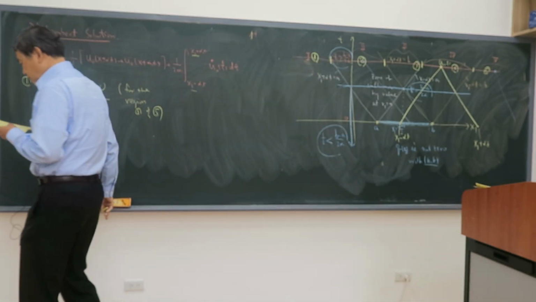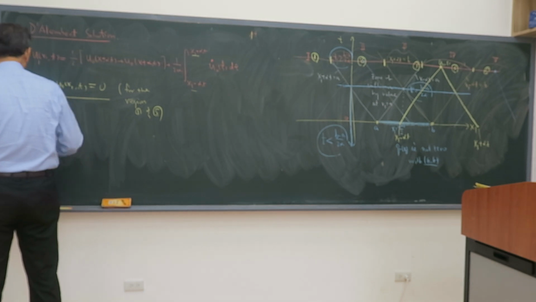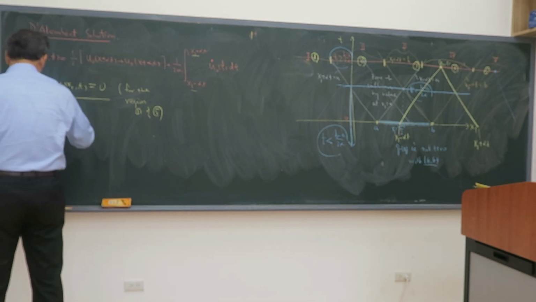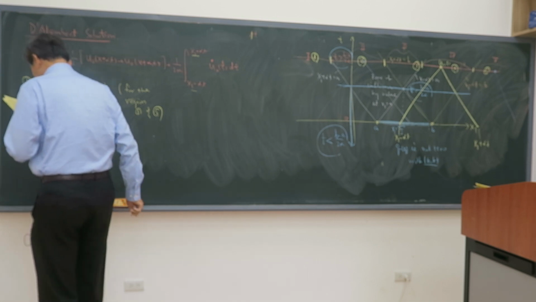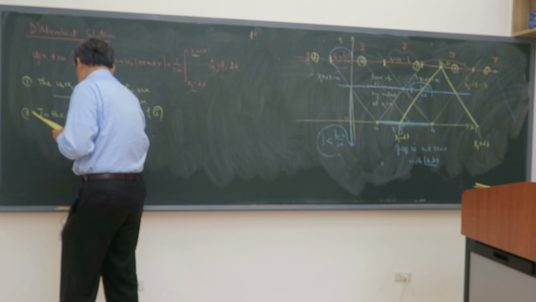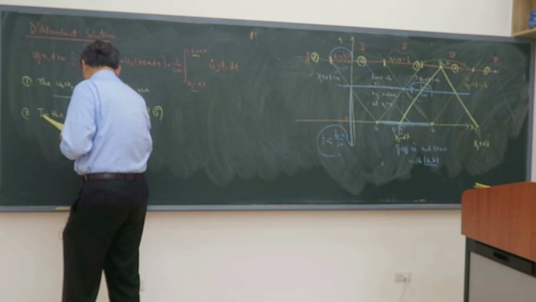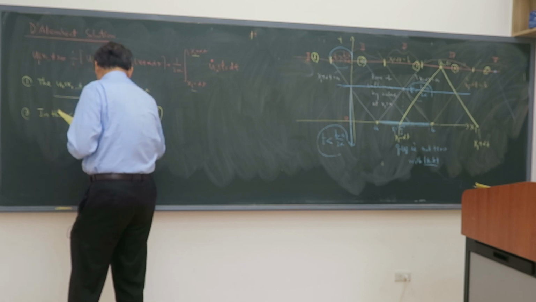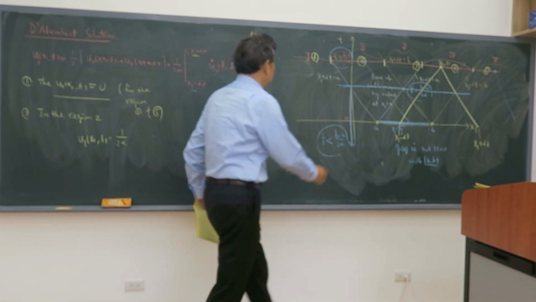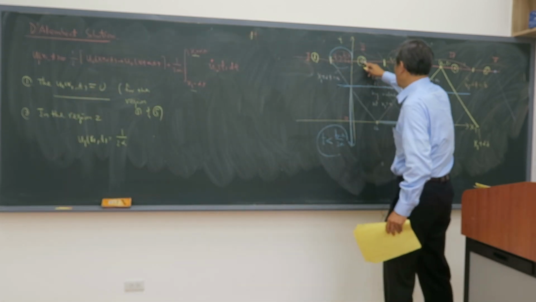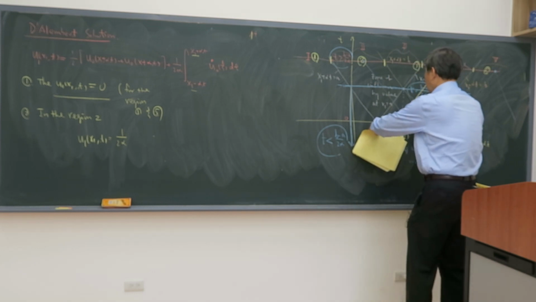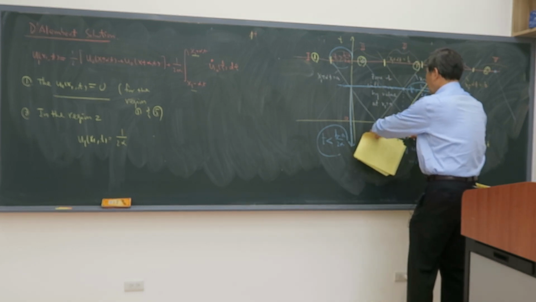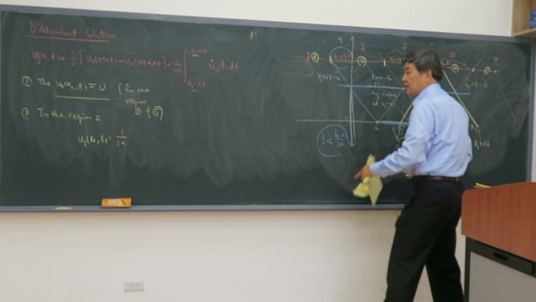Okay. For the region 2, the displacement u1(x1,t) equals 1 over 2 alpha for any point here, and the dependence is from a to x1 plus alpha t.